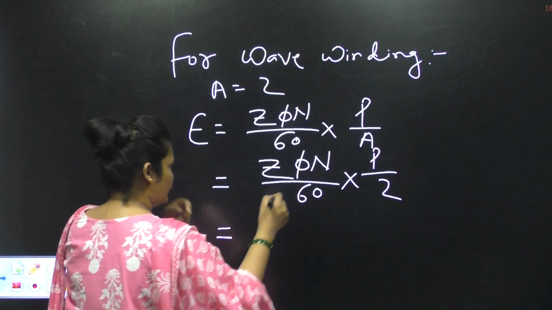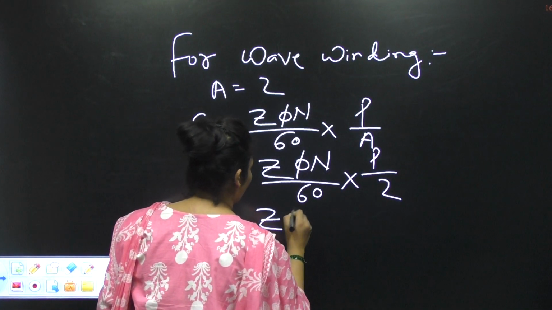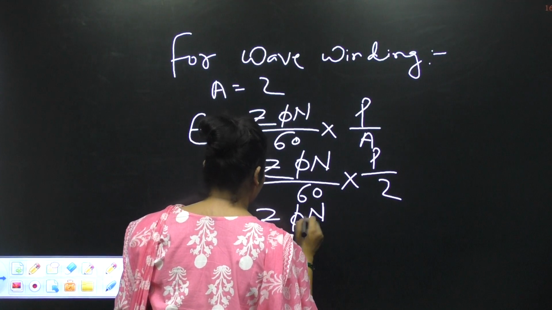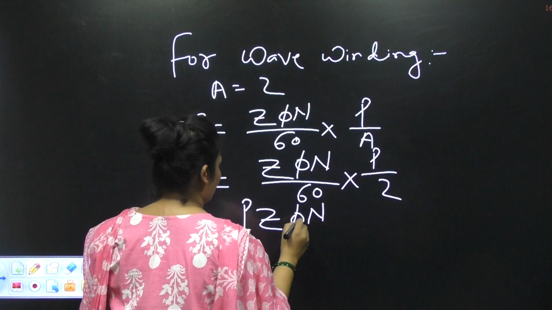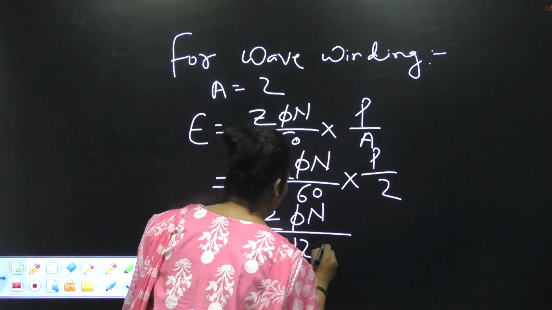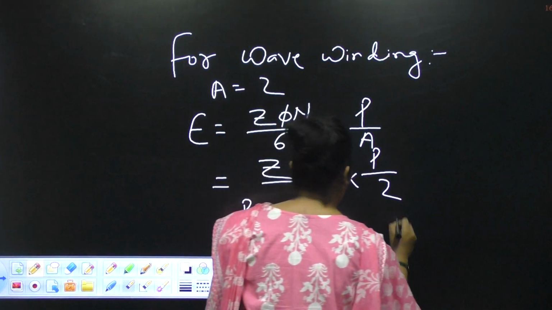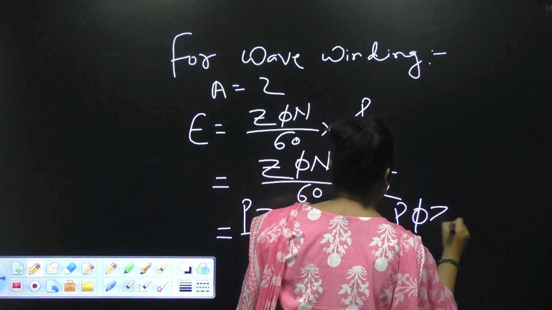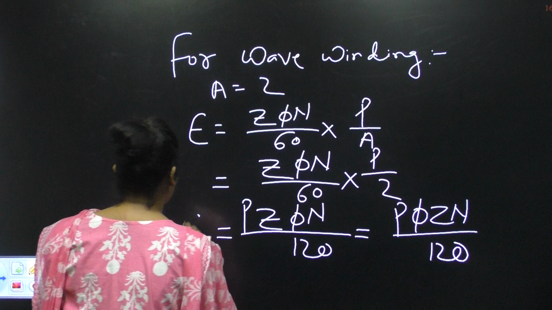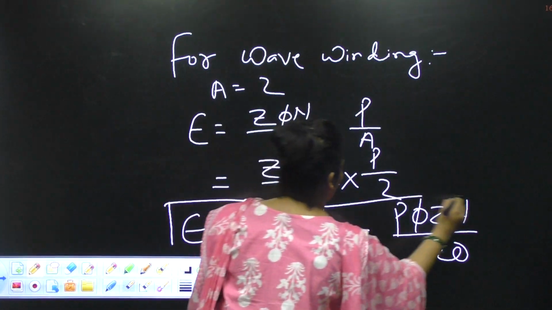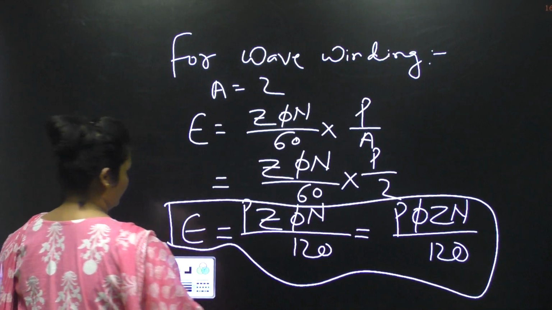So solve it: P Z phi N by 120, or you can write P phi Z N by 120. So this is the EMF equation for wave winding.